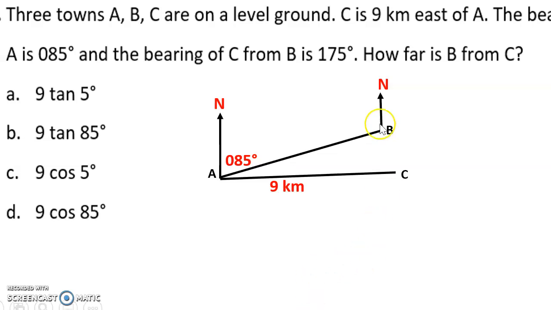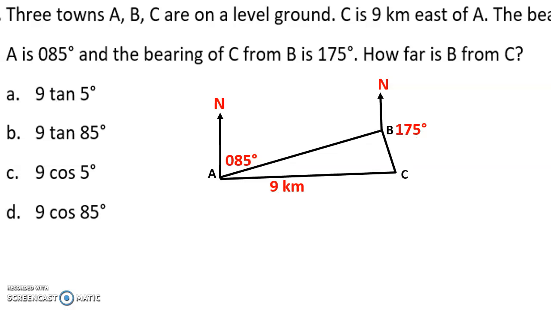We start the 175 from our north line, come around to find our 175, and that would be about it, not drawn to scale. So the bearing of C from B means the angle here from the north line to the line BC is 175 degrees.